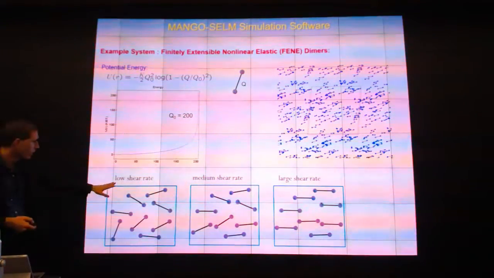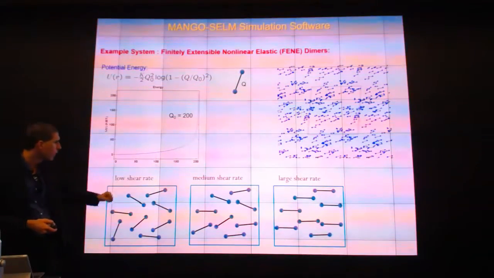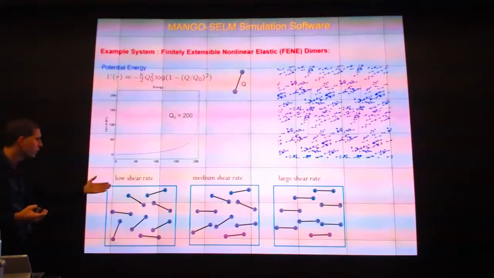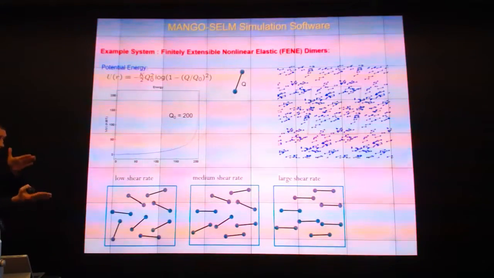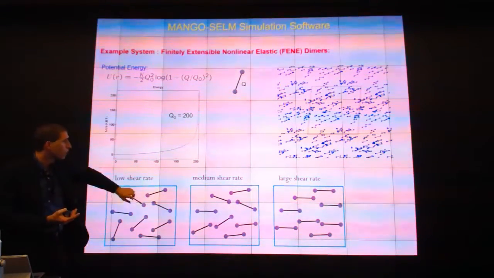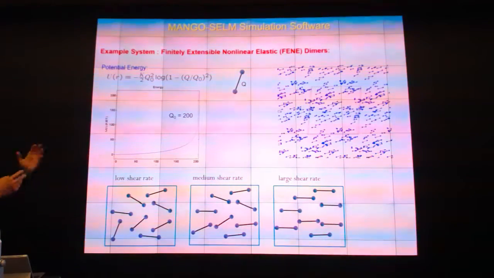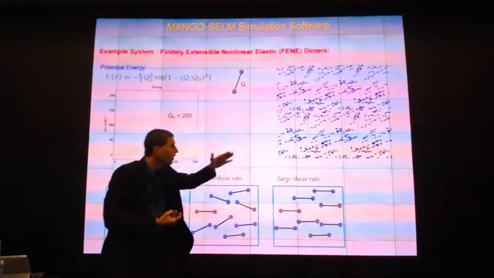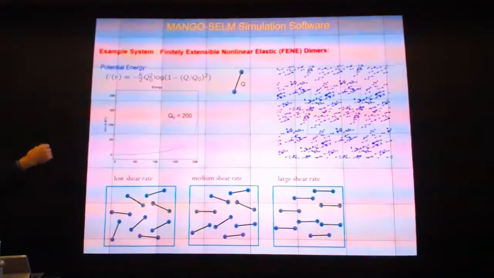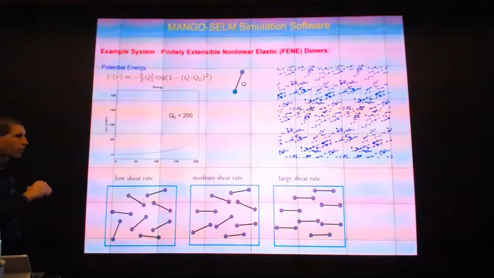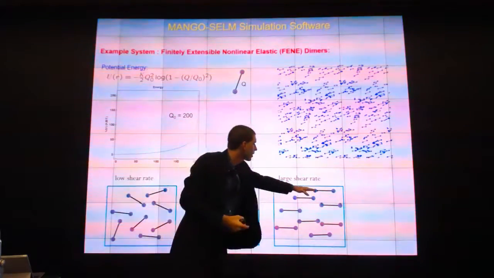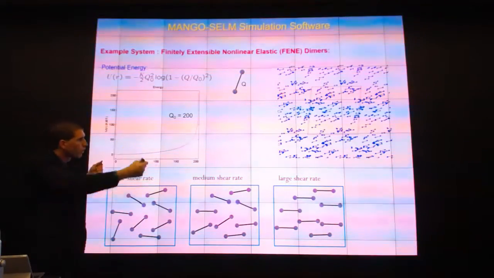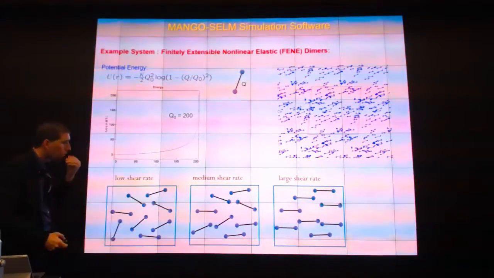If you now look at the setup of the dimers, you can look at what happens, and I'm just giving you the qualitative picture, if you were to apply different shear rates. If you have a very small shear, these will tend to be kicked around by thermal fluctuations and take on random orientation. But as you increase the shear, these tend to get rotated to line up with the shear plane, in order to minimize the energy, because that extension is no longer possible beyond Q naught.